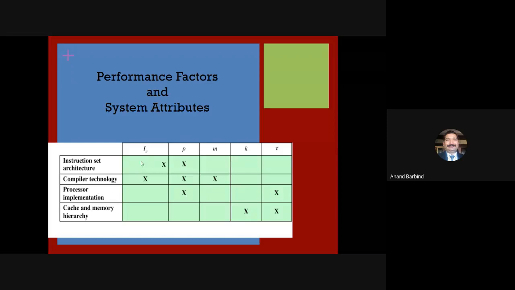Okay, the instruction count for a particular program can be less or more. Even it is not the same on all the computers. The instruction count is not the same. Why? Because the instruction set of every processor is different. So a different number of instructions are required depending on the instruction set and architecture of that particular computer.